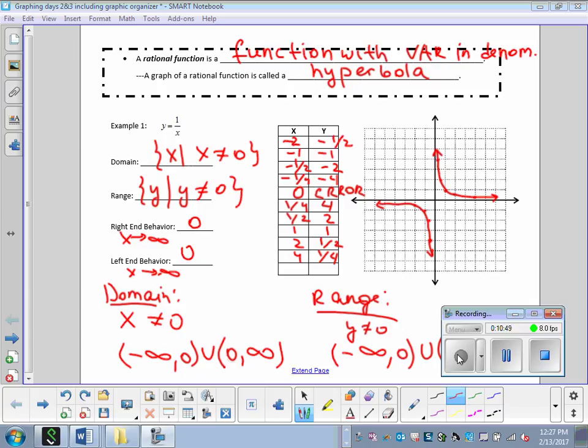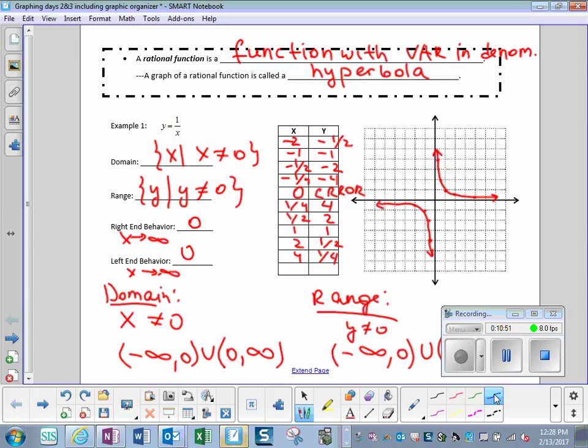So the interesting thing about this kind of graph is that because we have this restriction in our domain, we can never cross this line, right? So we cannot have x equals 0, so it means that our graph can never cross the line x equals 0. And as a result, because we can get very close to this line, our graph kind of climbs up and down along the line, never reaching it, never crossing it, but it gets very, very close to it.